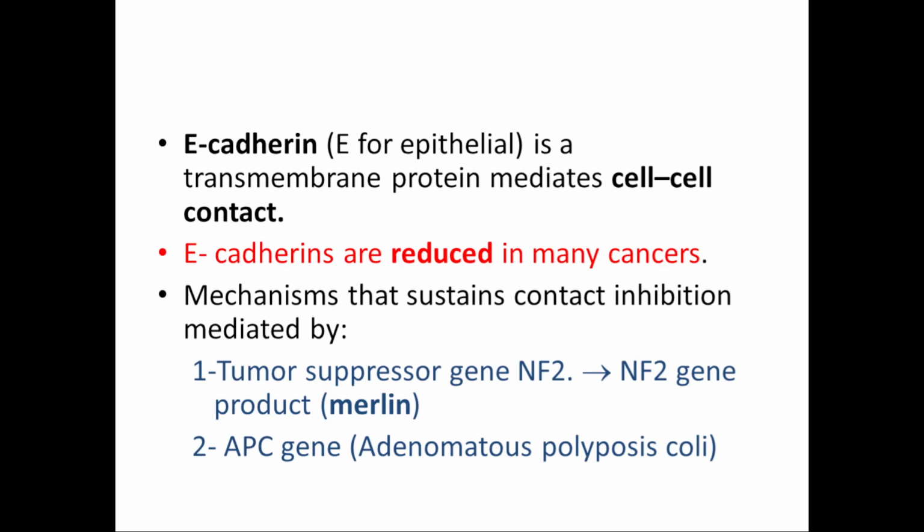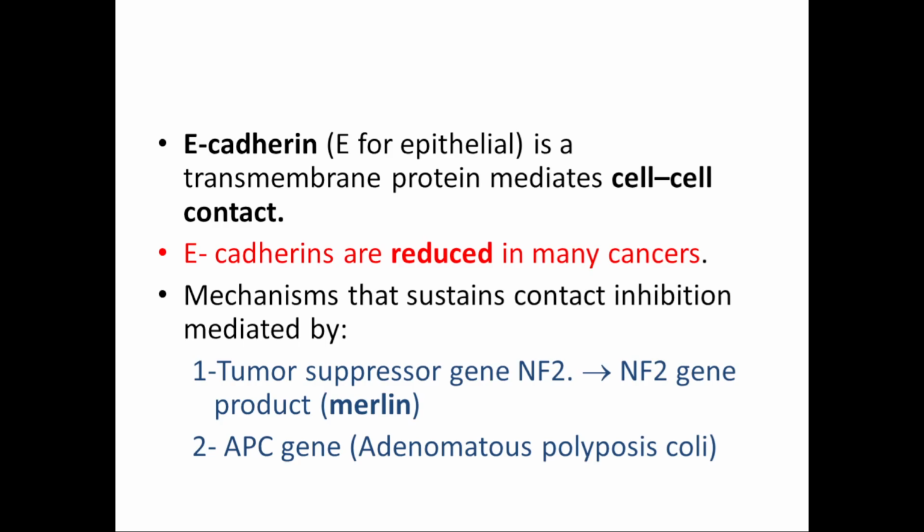E-cadherin is lost in a lot of tumors, epithelial tumors mainly. E-cadherin is important for the connection between the cells, a transmembrane protein, and it mediates cell-to-cell contact. The cell senses that there is another cell next to it, so it does not need to continue proliferation, by the presence of the E-cadherins.